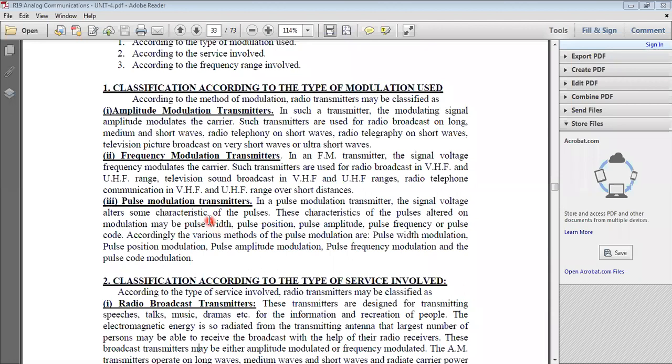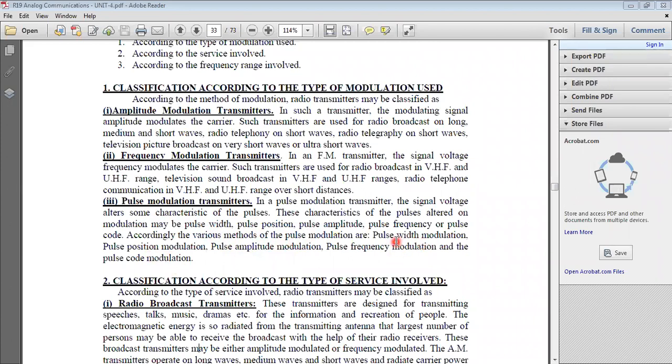So in pulse modulation transmitters, the signal voltage alters some characteristics of the pulses. The characteristics may be pulse width, pulse position, and pulse amplitude. If we change the pulse width, then the type of modulation is called PWM, that is pulse width modulation.